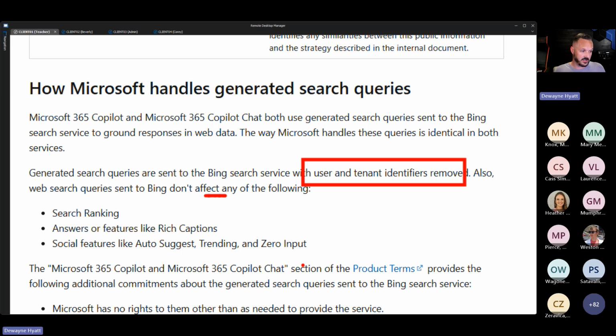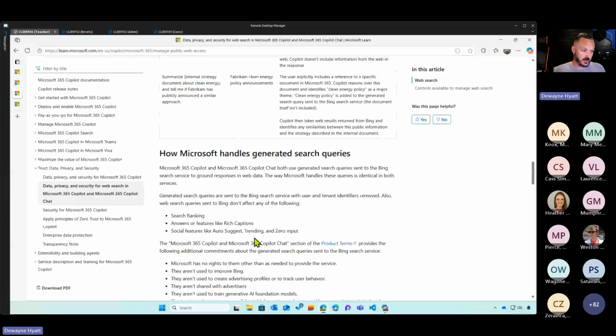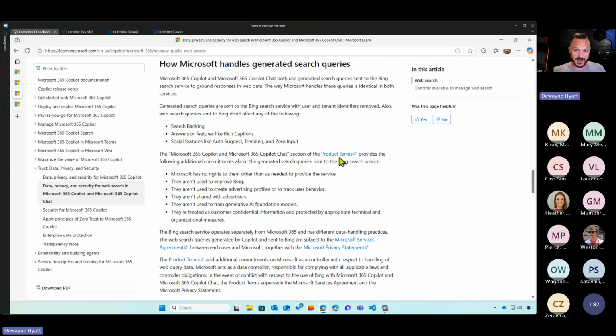Bing doesn't affect any of the following, and you're going to see those product terms again with a hyperlink directly to those. So if you're working with a risk officer, a CISO, anybody who's worried about how this thing works, this is a great website to show them so that they have a really good, solid understanding of how this product does what it does.